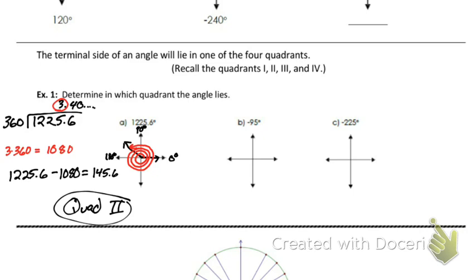All right, negative 95. Let's remember, we can go in the negatives. So I have 0 degrees, I have negative 90 degrees. Really, that's as far as I need to go because we know it's just a little past negative 90 degrees, and it's going to be in quadrant 3.